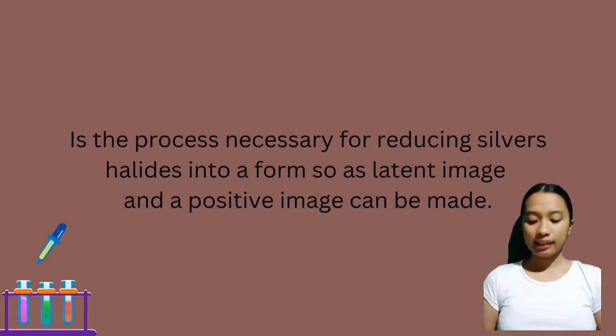Chemical process is the process necessary for reducing silver halides so that a latent image and a positive image can be made.